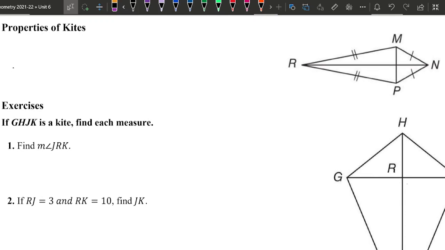So first we need properties of kites. The first property is that there are two pairs of consecutive, meaning one right after another, congruent sides. Two pair of consecutive congruent sides.